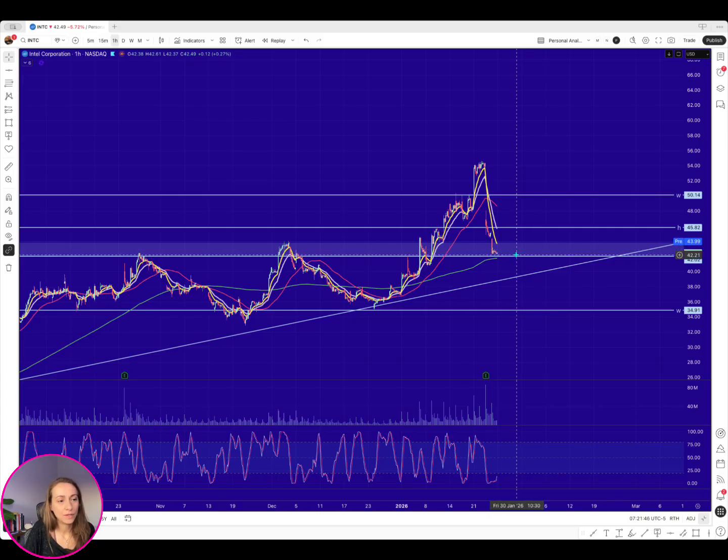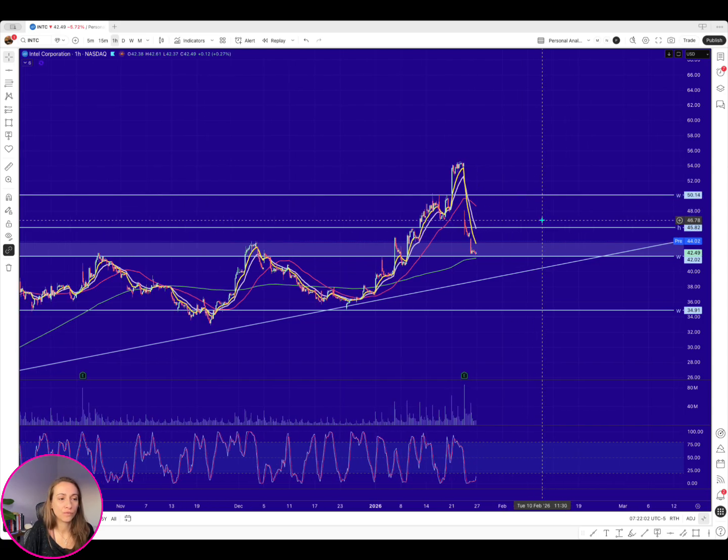And so I would go ahead and get in on a pullback here, and then I would look for these targets here, and then I'd really want to see it go back up to 50. And that's what these levels are for.